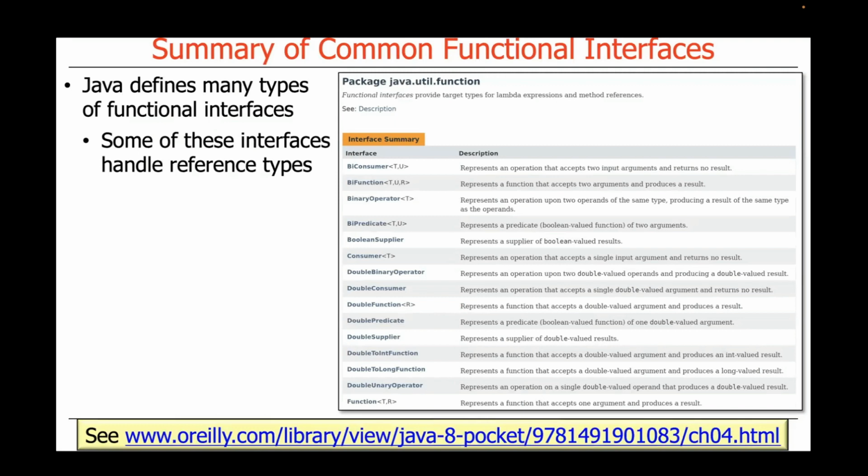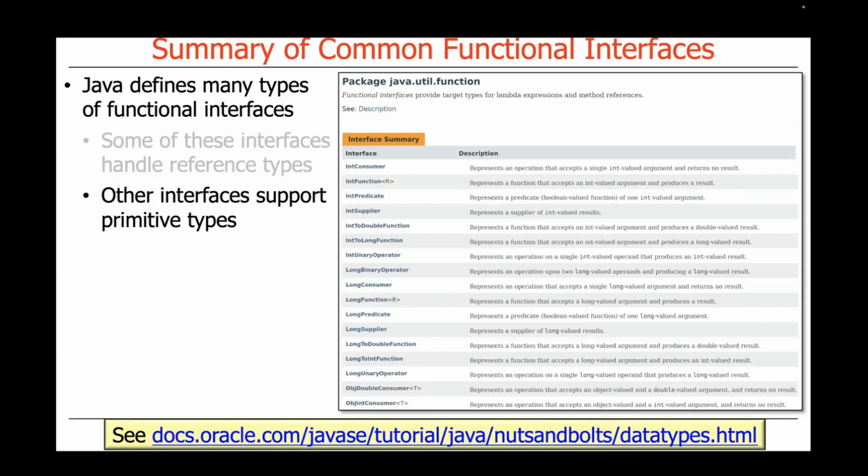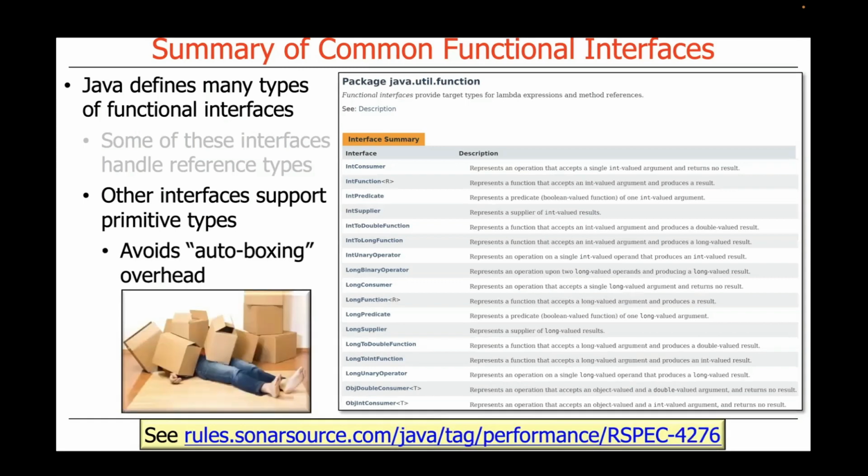Some of these interfaces handle so-called reference types, which are Java types that are going to have essentially indirection involved with them. Others support primitive types. There's a bunch of types for things like ints and longs and doubles and so on. That's why there are so many of these functional interfaces defined for you, because they're different types.